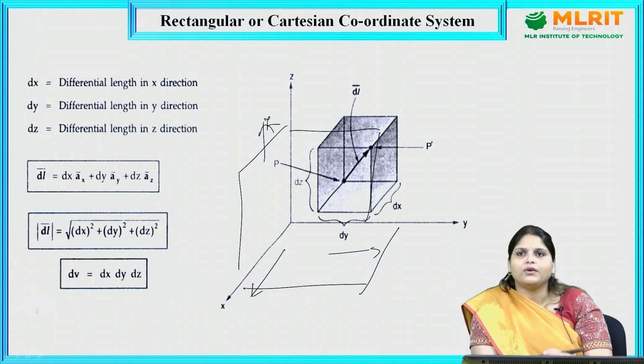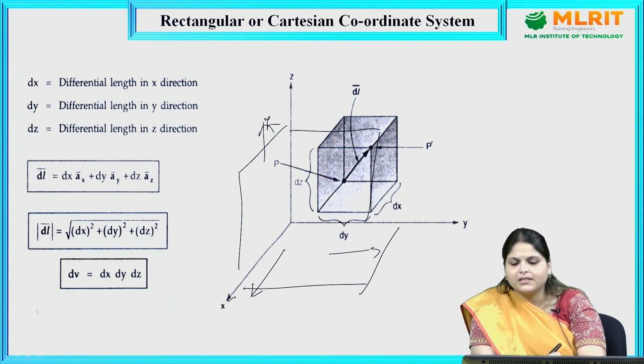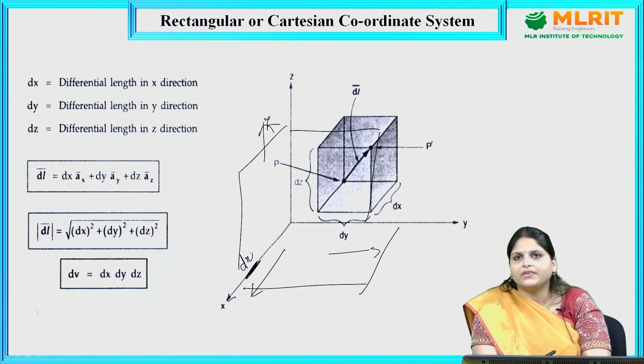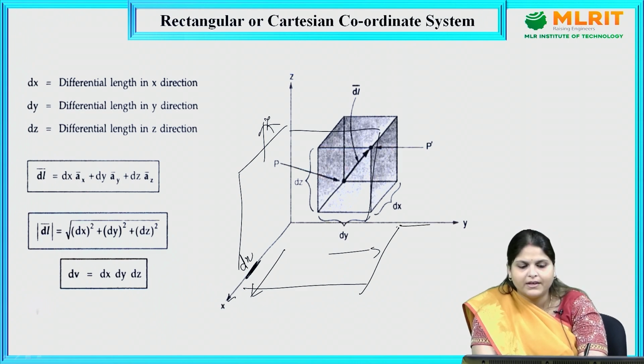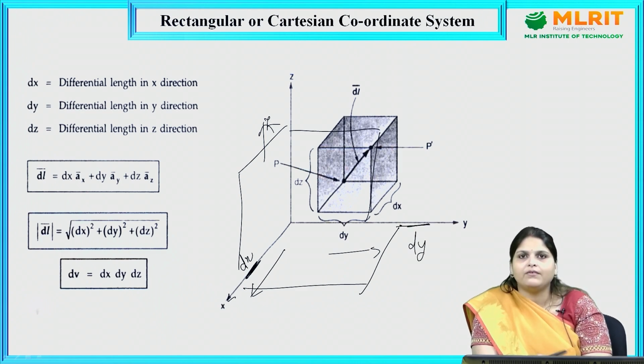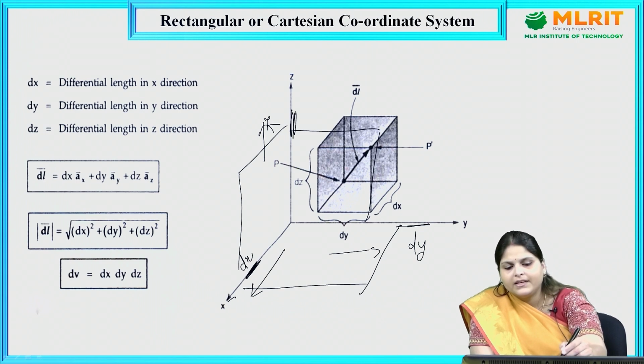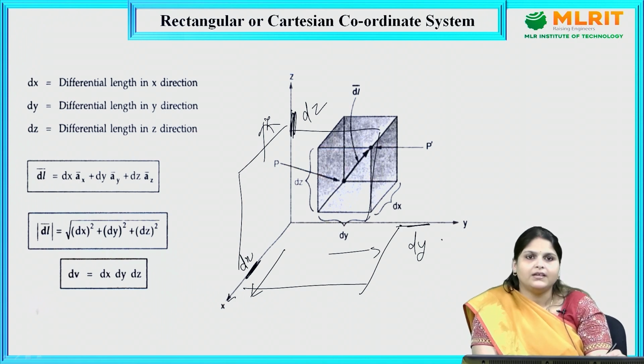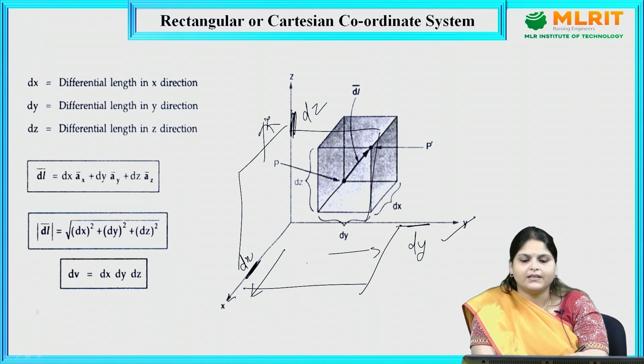So, if we talk about the x direction, in this direction we can take the variation as dx, means differential length in x direction. For y we can take this length as dy. In z axis we can take some length as dz.